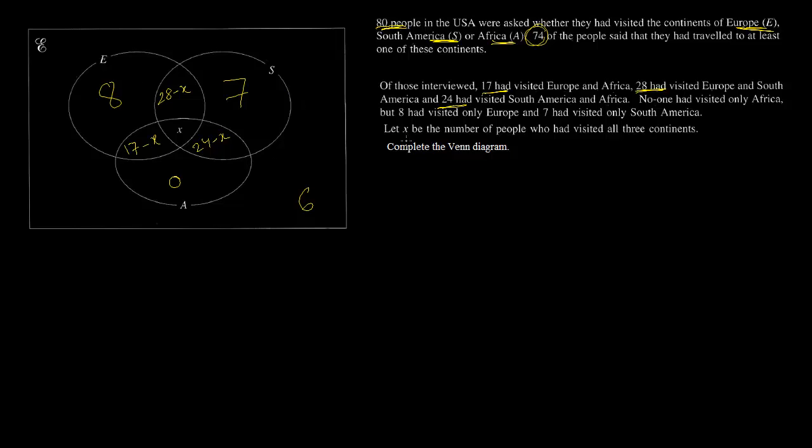Now usually after that, the next question is to find the value of x. This is done by simple arithmetic. If we add up all the number of elements, 8 plus 0 plus 7, regions 1, 2, 3, and then 17 minus x plus 28 minus x plus 24 minus x, regions 4, 5, 6, plus region 7 plus region 8. We know altogether there are 80 people.